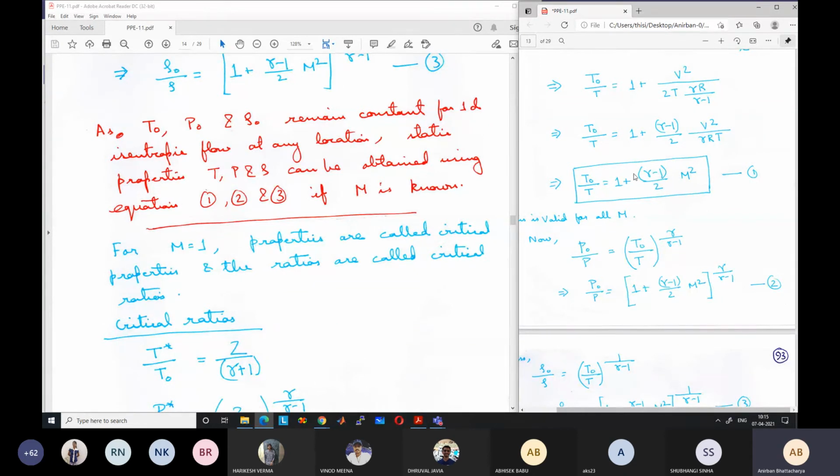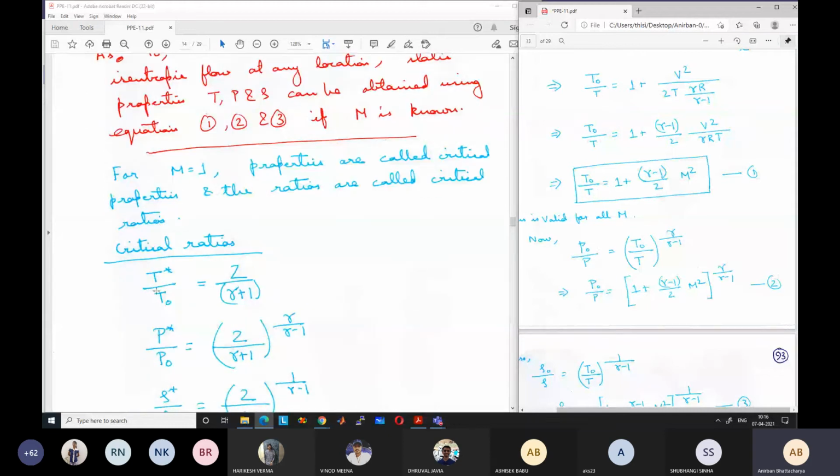Or T by T0 is equal to 2 by gamma plus 1. When the Mach number is 1, we call the properties critical properties, and they are denoted by the star value. So T star by T0 is equal to 2 by gamma plus 1, which is what I have derived here.